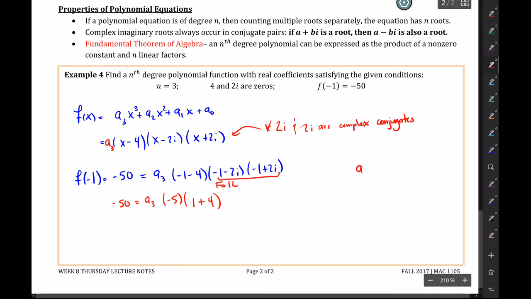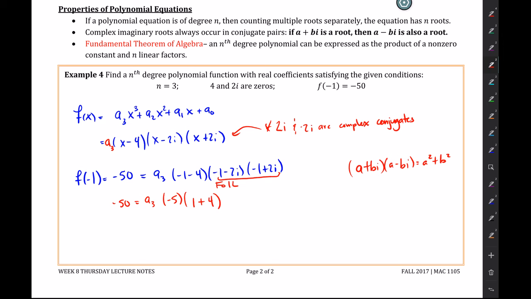So in general, a plus bi times a minus bi is always equal to a squared plus b squared. You can just check that, because the products of the a's and b's will cancel, and then you'll get a squared, and you'll get negative b times i squared, which is b squared.